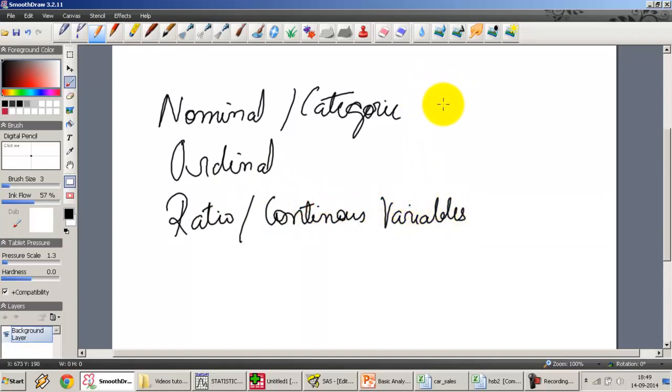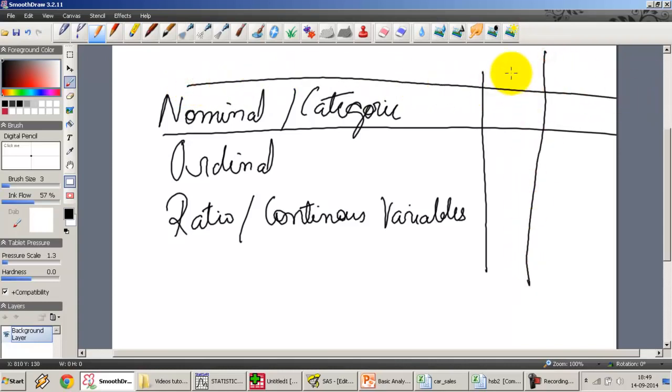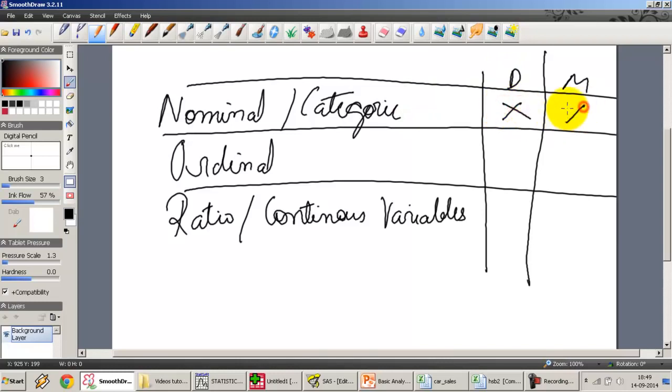So they have got no direction. So I want to classify them by direction and magnitude. So nominal or categoric variables, no direction, no magnitude.